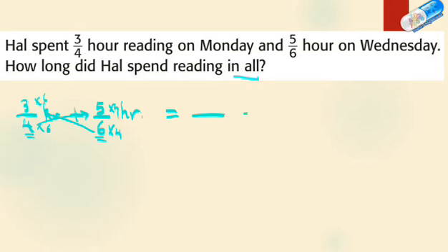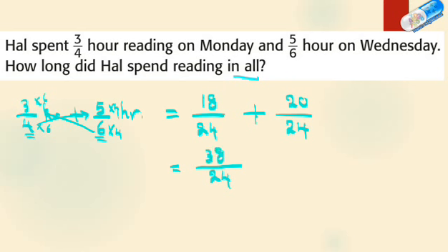So the new denominators will be 4 times 6 is 24, and 6 times 4 is also 24. The new numerators will be 3 times 6, 18, and 5 times 4, 20. Now you have 24 as the denominator, and you add the numerators. 18 plus 20 is 38.